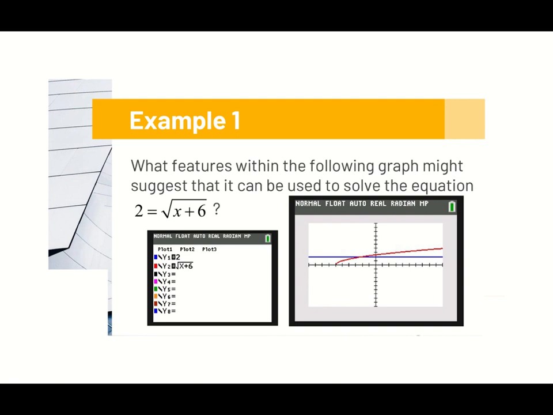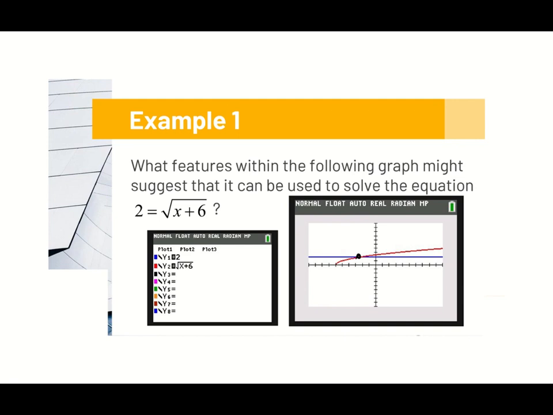Hopefully you're thinking, where these 2 graphs cross. That's exactly what we're looking for, and where they cross is going to be our solution.